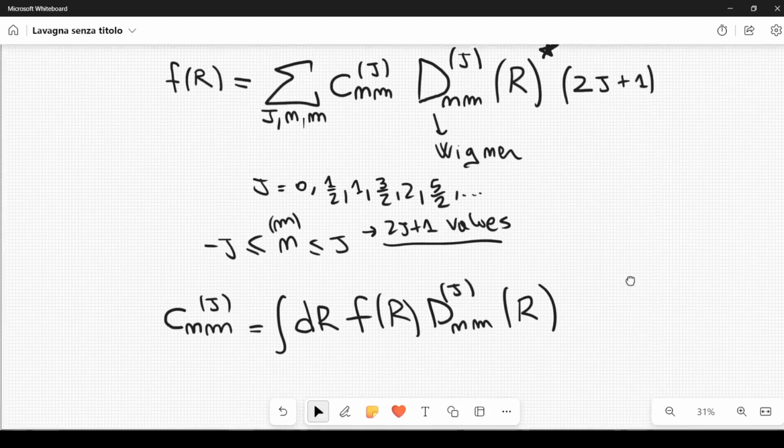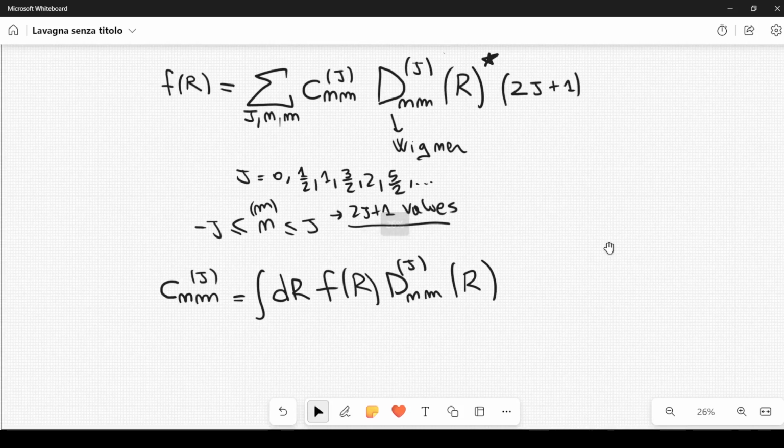Now let me give you some more details on the integration over R. So what do we mean? By integral over dR, we mean that we are integrating over the parameters that define the group. So for SU(2), this would be an integral over three angles, for example, or three parameters. We have an integral over alpha, over beta, and over gamma, and we might have some normalization constant such that the measure is equal to 1.